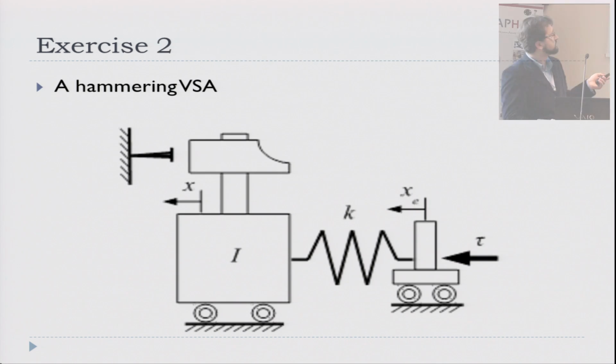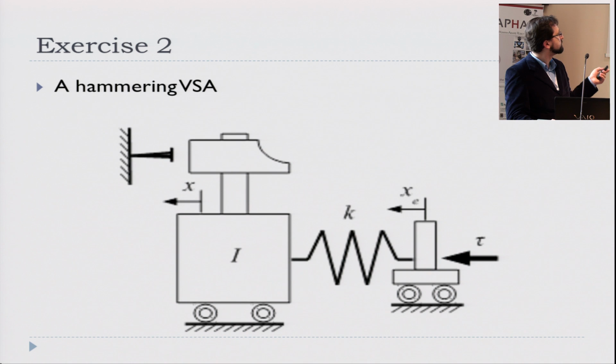A second exercise, again on the paper, is based on hammering. This is not something that I will ask you to do now, because this is more related to what Manolo will present in one of the next sessions. But the idea is again the same.